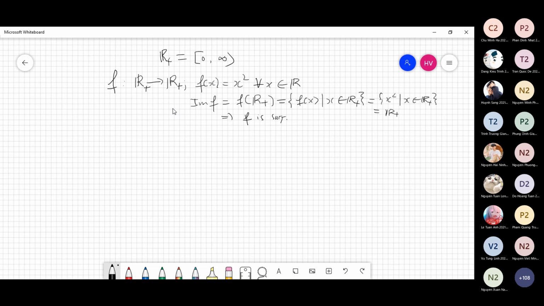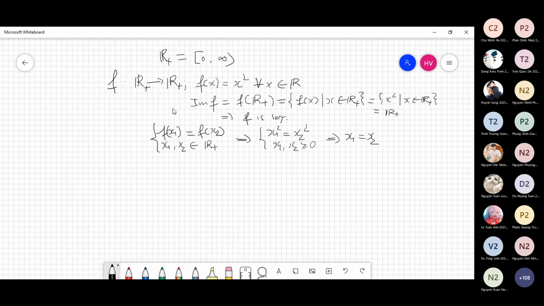And now if you take f(x1) equal f(x2), where x1, x2 are in R plus, it follows that x1 squared equals x2 squared, and x1, x2 are both greater or equal to 0, because they are in R plus, and so it follows that x1 equals x2.